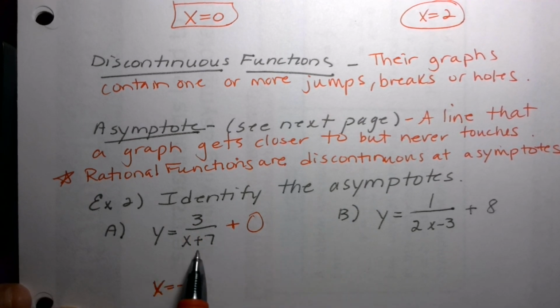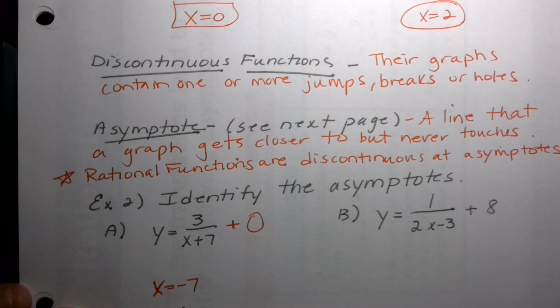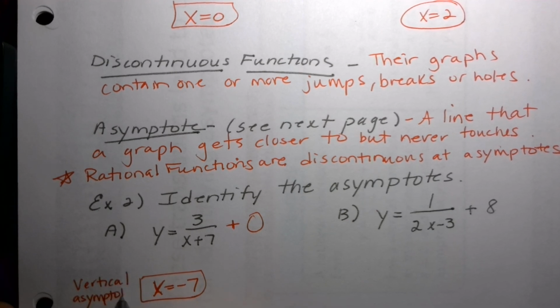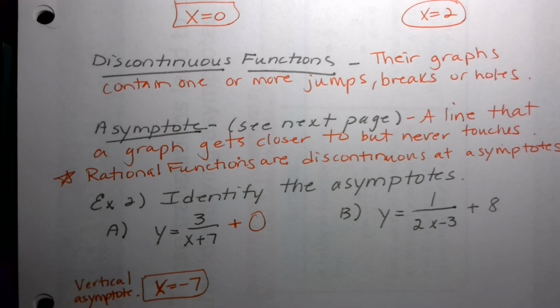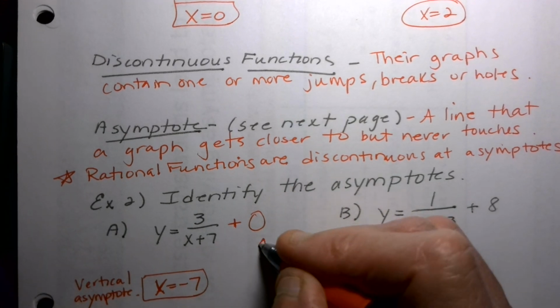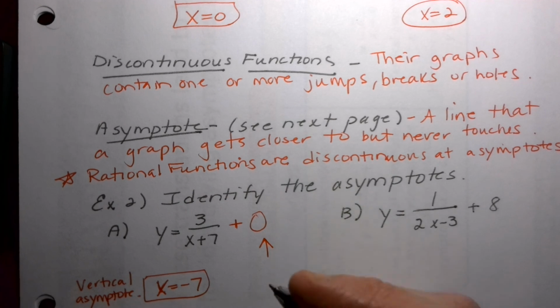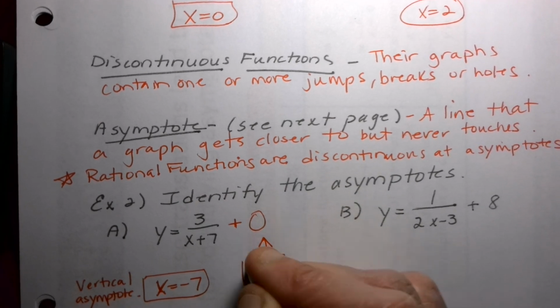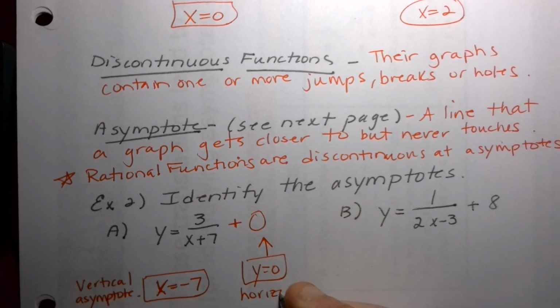It's whatever makes this bottom 0. That is your vertical asymptote. And to get the y one is even easier. Y equals 0. That's your horizontal asymptote. So isn't that cool?